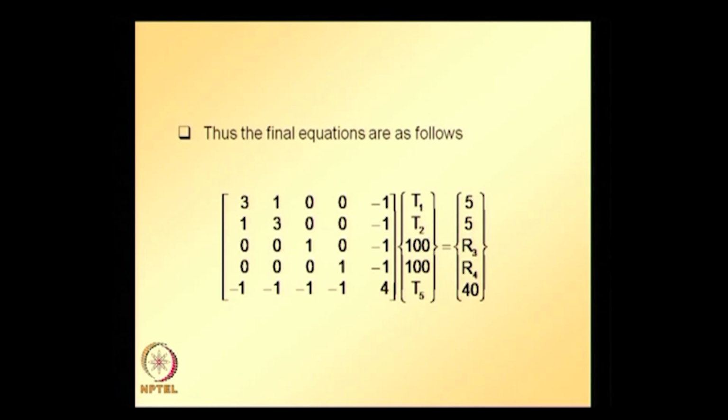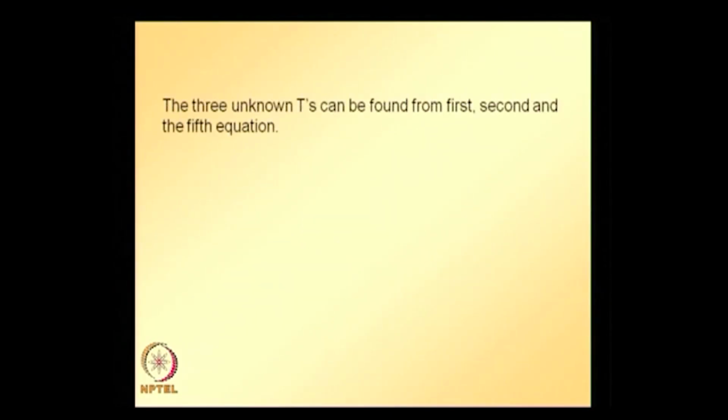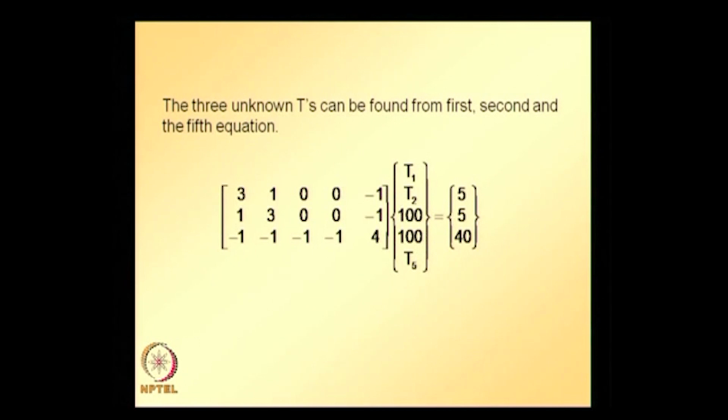T1, T2 and T5, we need to rearrange this equation system. The 3 unknowns T1, T2 and T5 can be obtained from equations 1, 2 and 5, and the previous global equation to solve for T1, T2 and T5 needs to be rearranged like this, which can be simplified and solved for T1, T2 and T5.